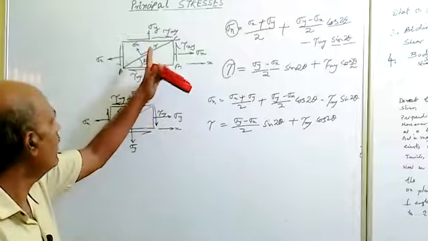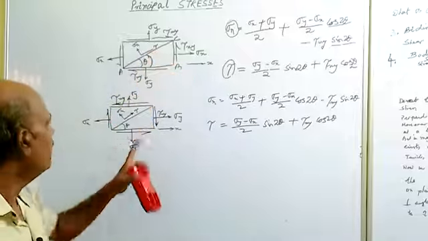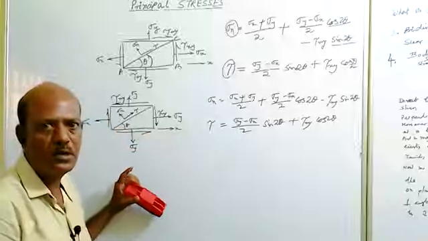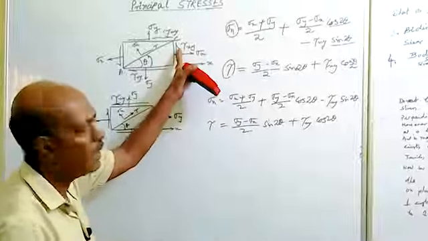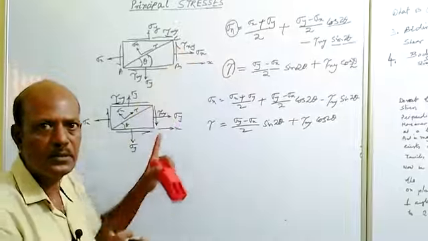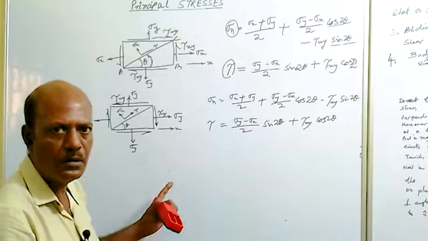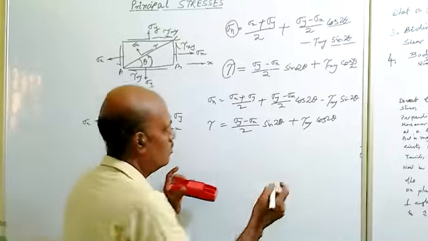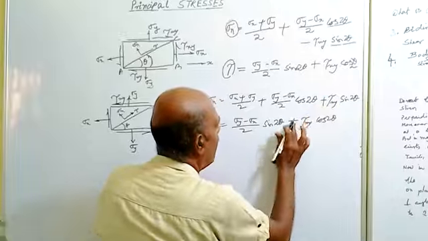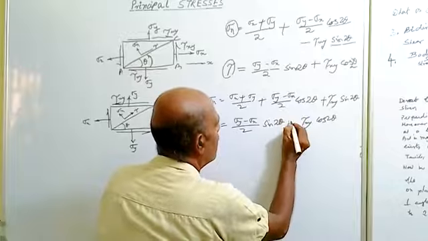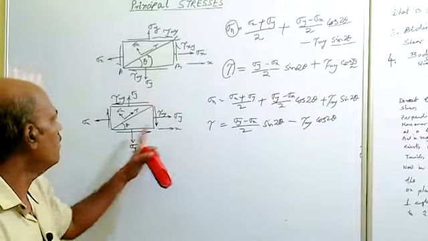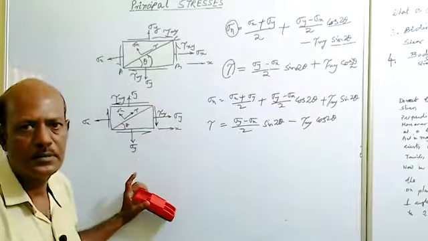That was the result. Now here you can see on the x plane tau is in clockwise sense, whereas in the standard case it is anti-clockwise. So that means we have to put the value of tau as negative. If we put the negative value, this will become plus and this will become minus. So this sigma n and tau will develop in this case.